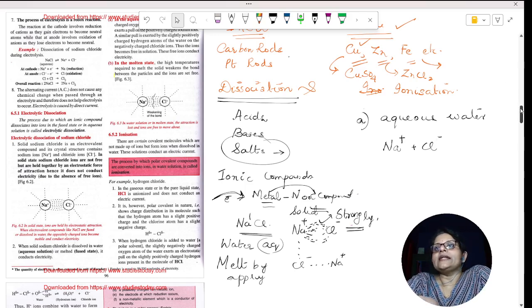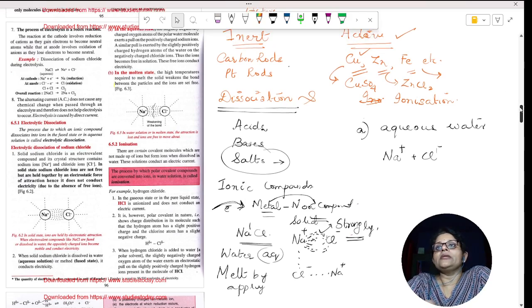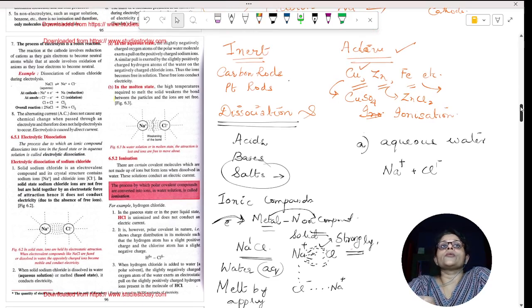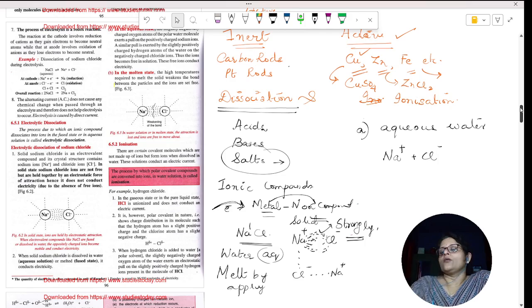But when water is added to it, since water is polar, water H2O, right, there is an oxygen atom and two hydrogen atoms bonded with each other.